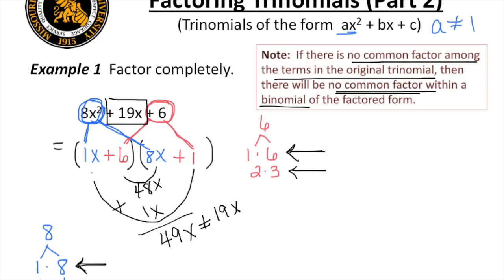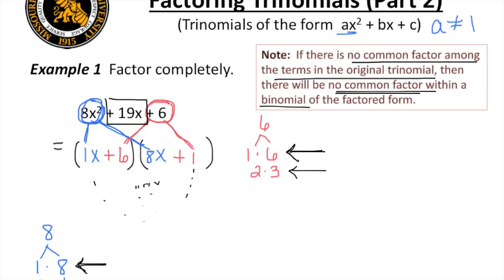So again, we erase, and we're going to replace the 1 and the 6 with our factors of 2 and 3. So suppose we put the 3 in the first binomial and the 2 in the second.